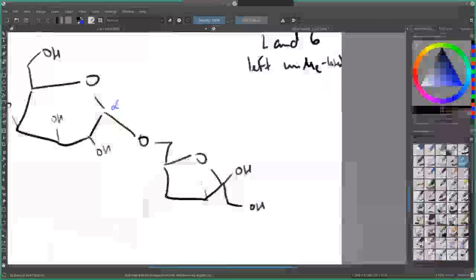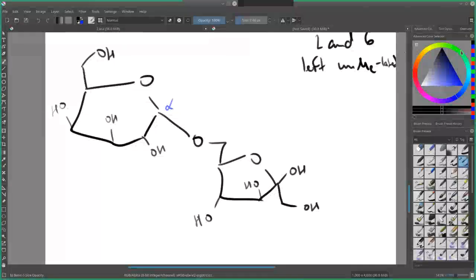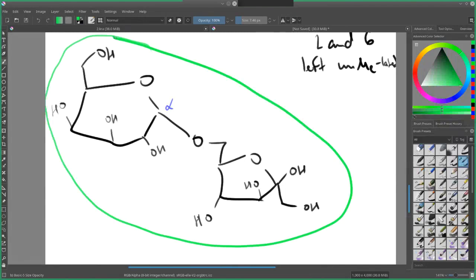This one's up, and this one is down. There we go. Okay, and that matches all of what we were looking for, I think. So this is galactose here, and this one was fructose.